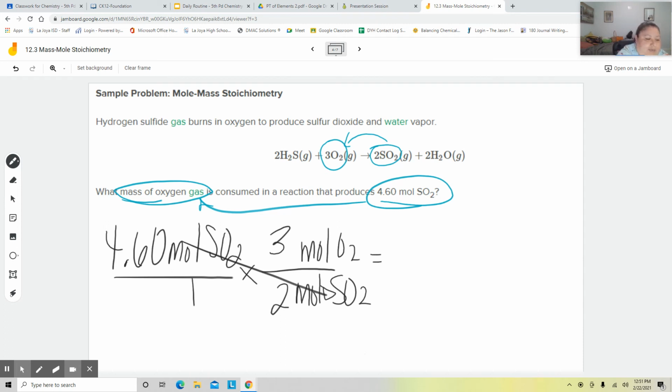Now, mathematically speaking, I'm still multiplying, and whatever my answer is after I multiply needs to be divided by 2. Calculator time. 4.6 times 3 divided by 2.